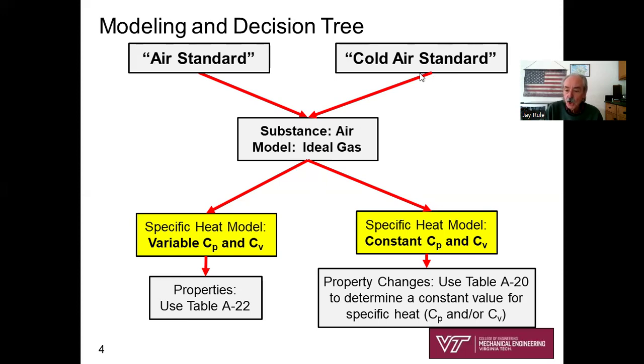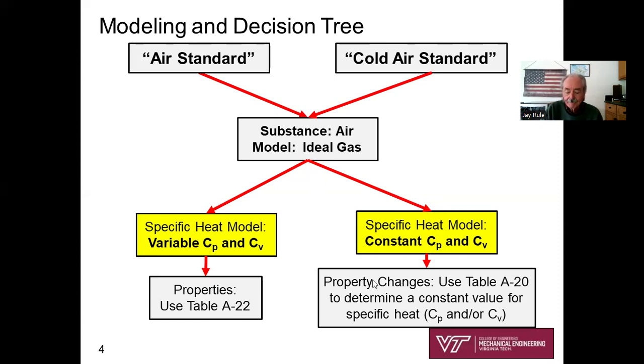When you see cold air standard in the homework assignment, okay, you still have the substance air. You're still going to model it as an ideal gas, but the nice thing is you're going to be able to model the specific heat as a constant number, and that can simplify a number of your computations.